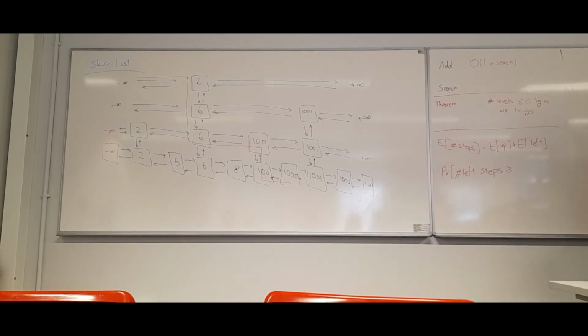Let's say that I want the probability that the number of steps to the left is more than 4 times the number of steps that I had going up. Again, every time I'm just flipping a coin and with probability half deciding to go left or right. So this is the same probability that we were computing in previous sessions.